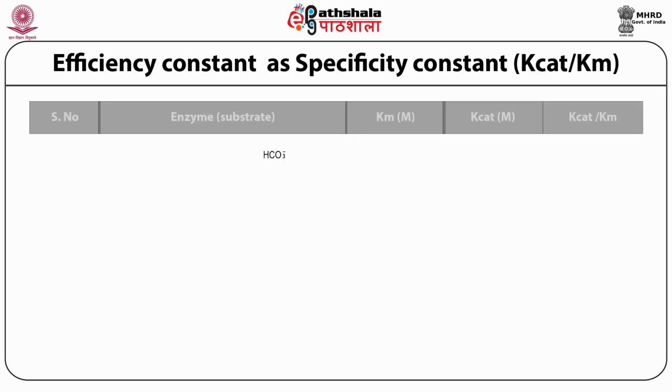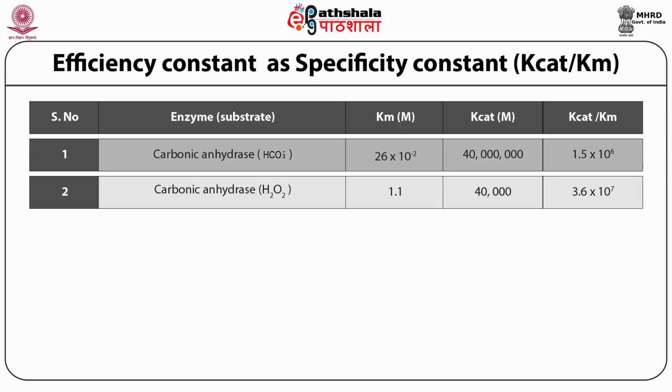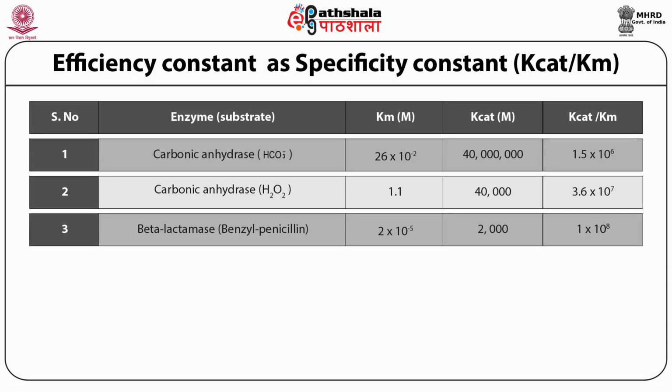For example, if the affinity of catalase with H2O2 is considered, then out of these 5 enzymes, catalase has a Km of 1.1, carbonic anhydrase has 26 into 10 to the power minus 2, and if you look at all the Km values, you will find that beta lactamase has 2 into 10 to the power minus 5, which is the lowest among all 5.